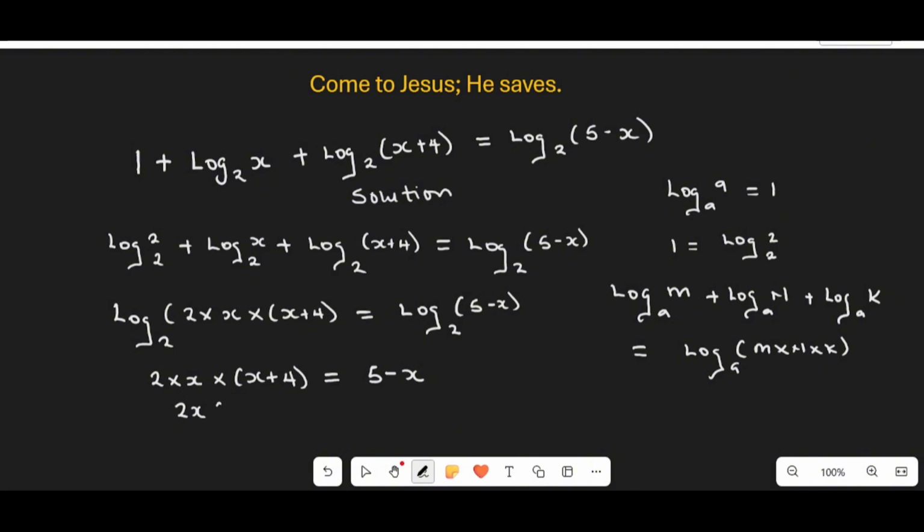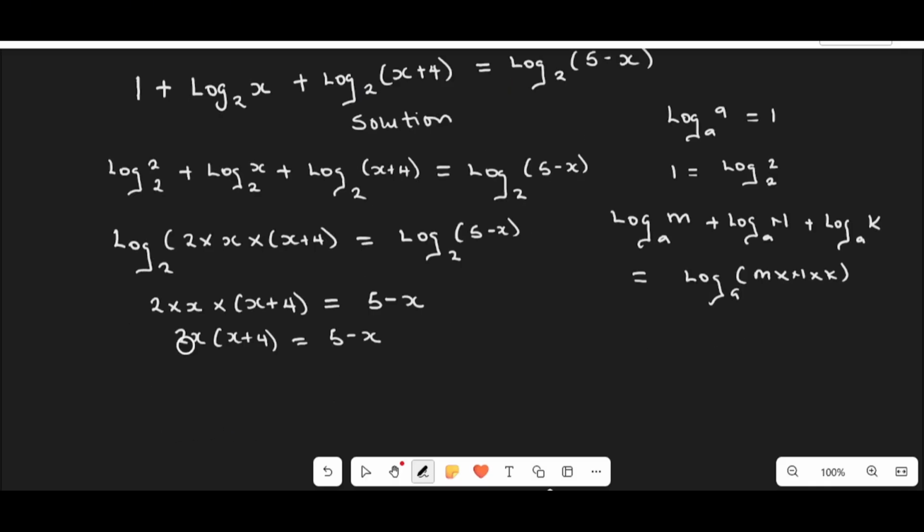So 2x bracket x plus 4 equals 5 minus x. So let us expand the bracket. 2x multiplied by x will give us 2x squared. 2x multiplied by 4 will give us plus 8x, equals 5 minus x.